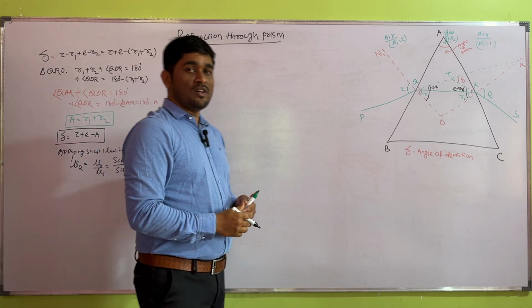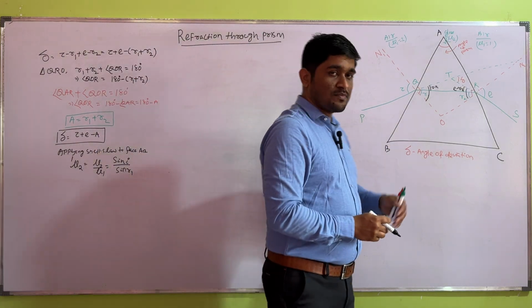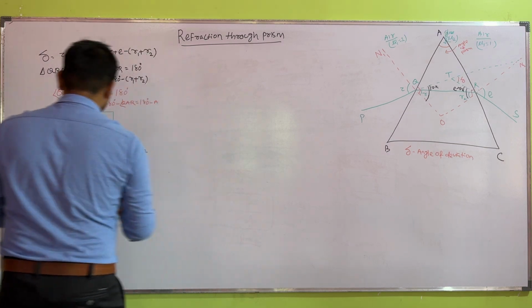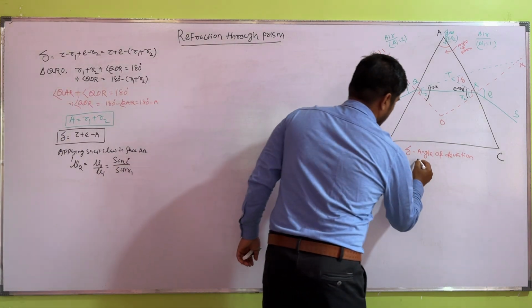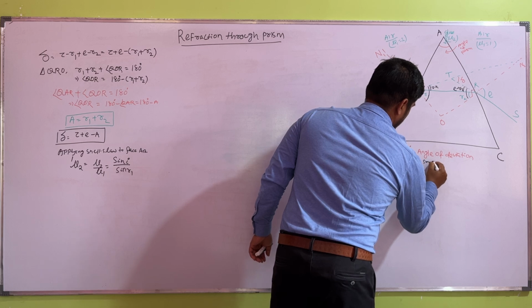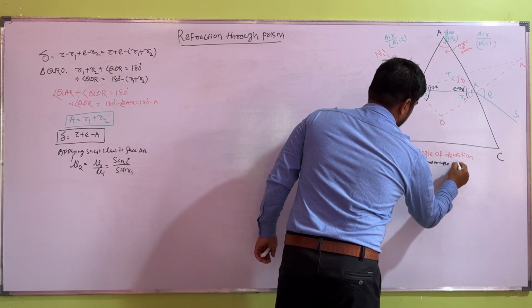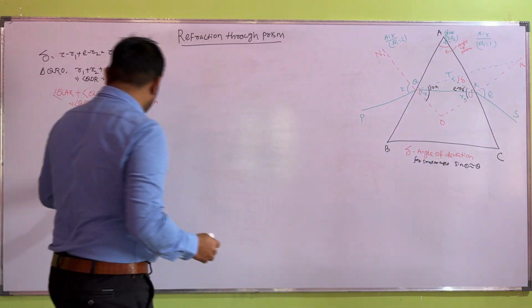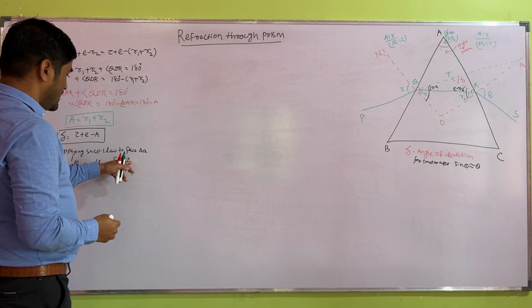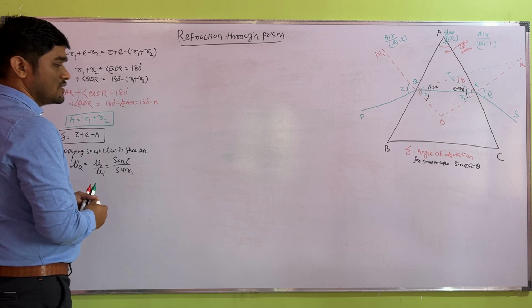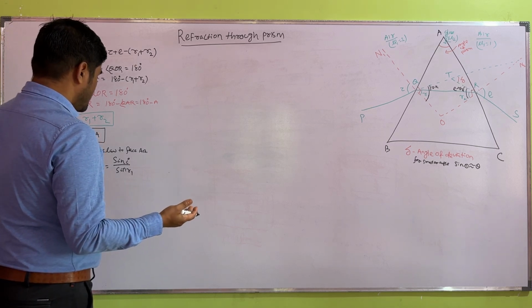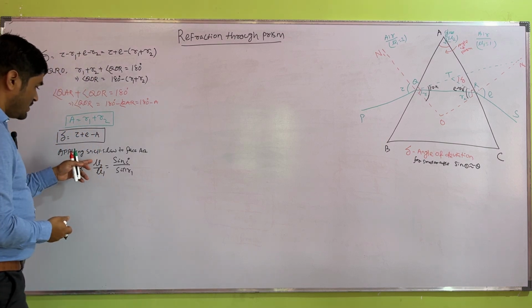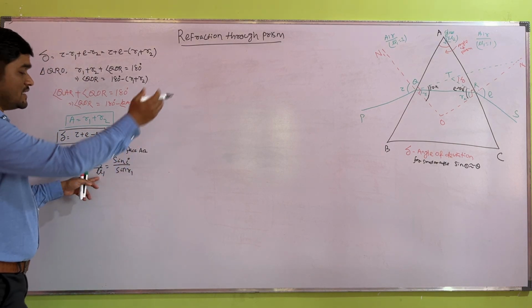Clear? And for small angles, we know sine theta is nearly equal to theta. So here for the two angles I and R1, you can write sine I as I and sine R1 as R1, and the refractive index of the first medium is 1, as this is air.